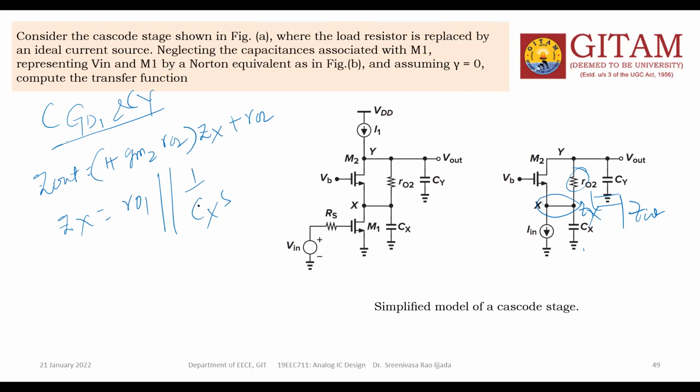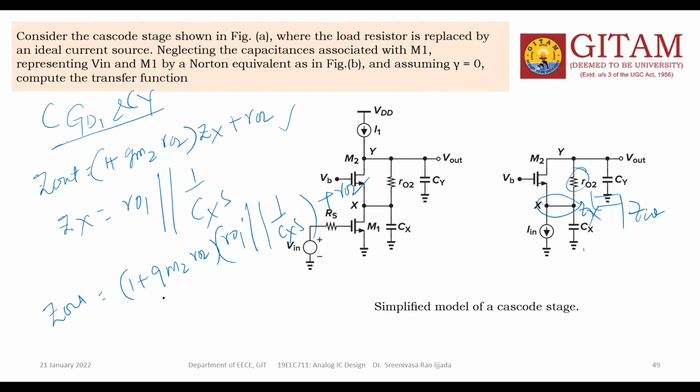Substituting this Zx value, Zout is equal to 1 plus gm2 R02 multiplied with Zx, that is R01 parallel with 1 by Cxs, plus R02.